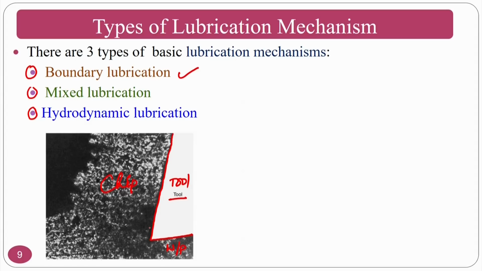Okay, this is one region. This is the second region. Let me erase this one. This is region 1 and this is region 2. Okay, so I want to lubricate these regions. If I can properly lubricate these regions, the temperature going into the tool will be enormously reduced.